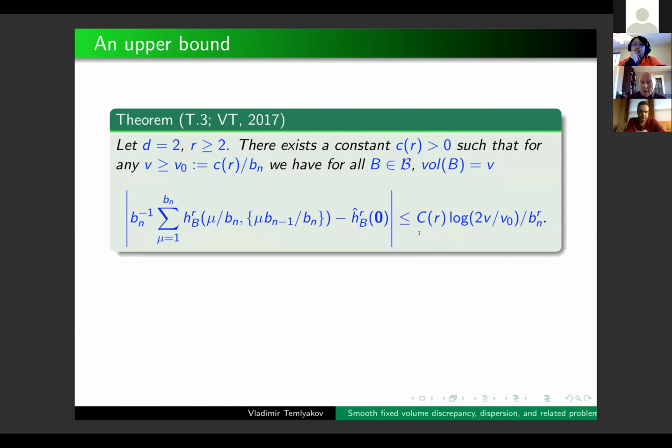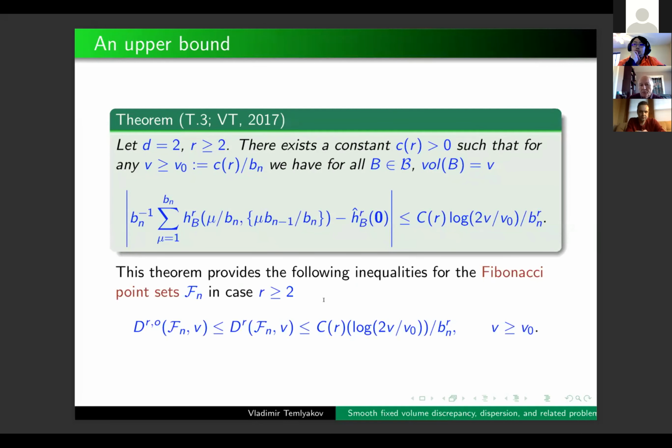So, and this is the result. It's written here in the form of numerical integration, but actually in the form of the definition, this is exactly that thing. Let's look at this formula. What does this formula say? One thing is that the cardinality of this set of Fibonacci points is exactly Bn.